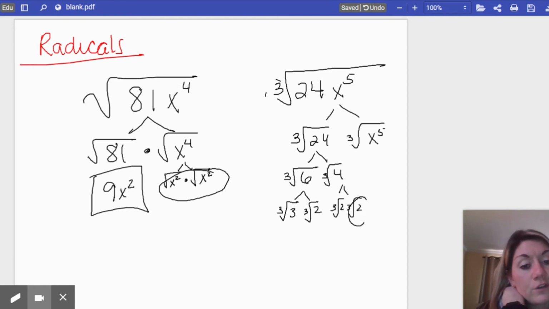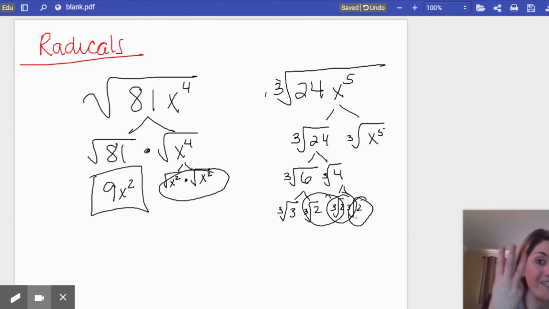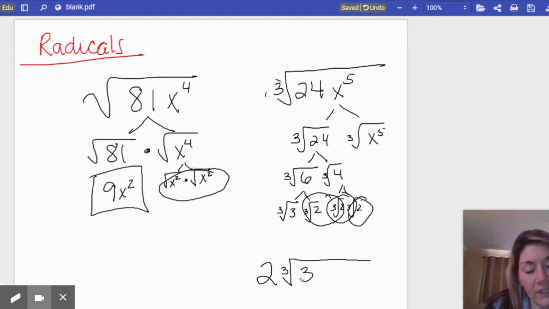Now here I have the cube root of 2, the cube root of 2, and the cube root of 2. Because I have it 3 times, that means if I multiply it by itself 3 times, I can take out the 2. It's out of jail. It is no longer underneath the cube root symbol. However, cube root of 3 is still going to be in my final answer. So right now I know that I have 2 times the cube root of 3.